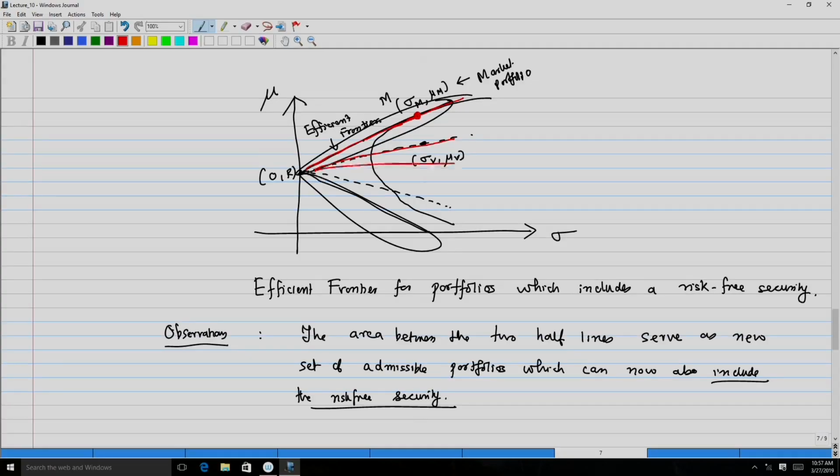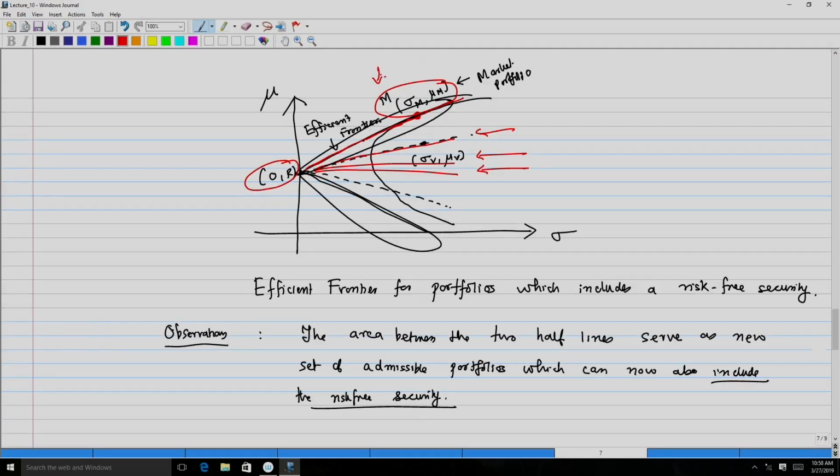There could be many such possible lines, and you observe that the line which connects (0, R) with the market portfolio is going to be that particular line amongst all such lines, and this means that this particular line will have the highest slope amongst the innumerable different lines which connect (0, R) and (sigma_v, mu_v).